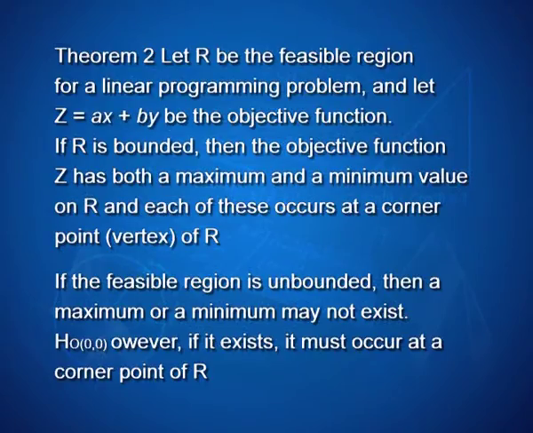The second theorem says that if R is the feasible region for a linear programming problem and z = ax + by is the objective function, and if this region R is bounded, then the objective function z has both a maximum and a minimum value on R, and each of these occurs at a corner point of the region R. But if the region is unbounded, then a maximum or a minimum may not exist.